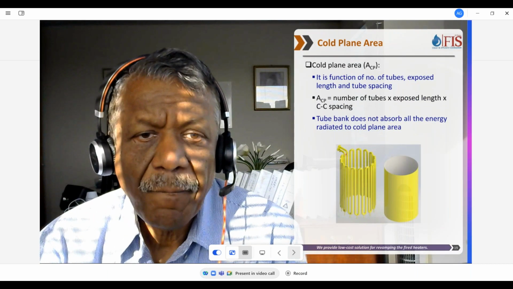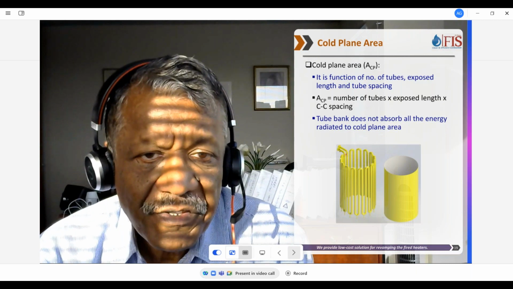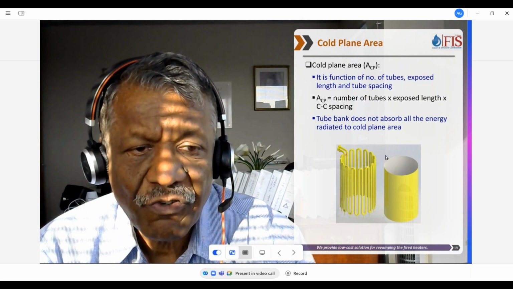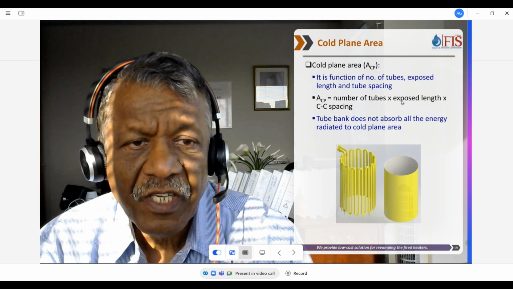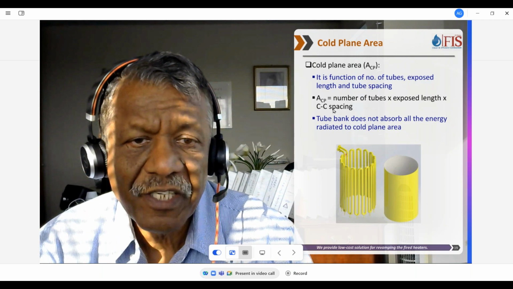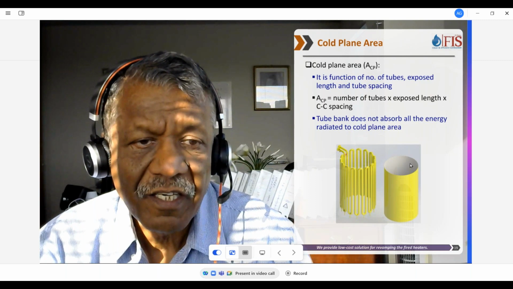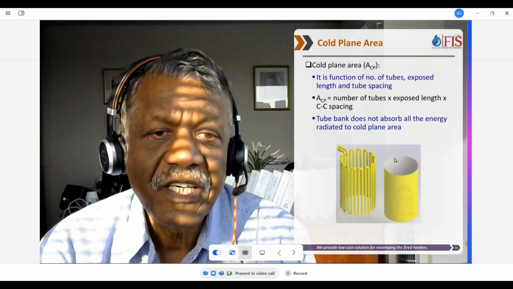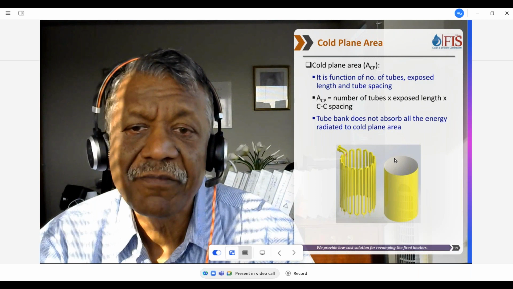So it's basically the cold plane area. As you can see, our process engineers have worked this, that this is the actual coil, but we replace it with ACP, which is number of tubes into exposed length into center to center spacing. So basically, this becomes like a cold plane area, but it is not going to absorb all the energy radiated to this thing. So that's where the effectiveness factor comes in.